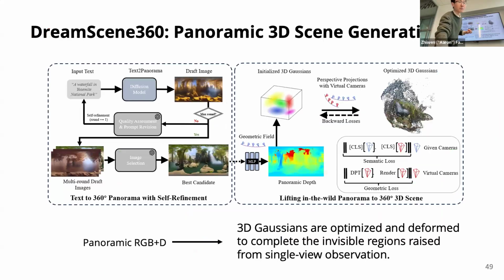So having the panorama and the depth information, on the left side we have the panorama, and on this side the panorama depth. Now we can initialize the 3D Gaussians. 3D Gaussian is a good way to do the neural learning. Later we will reuse some techniques from our previous few-shot perspective paper to augment during the optimization process and apply the guidance. And finally, we got the 3D representation.